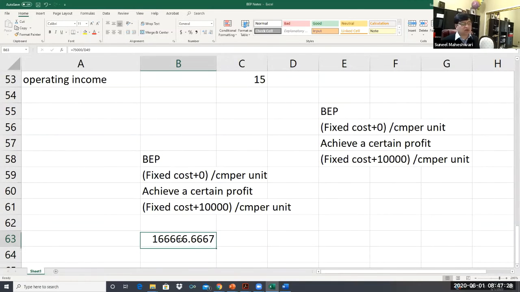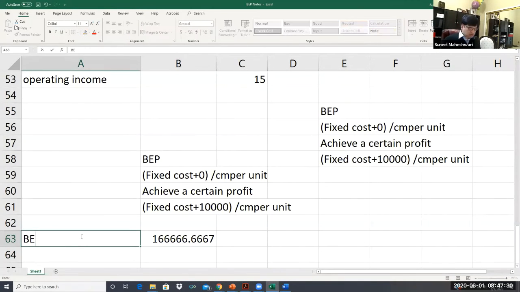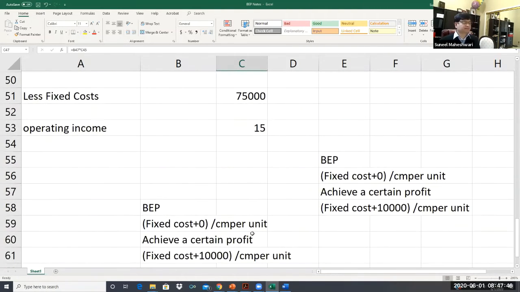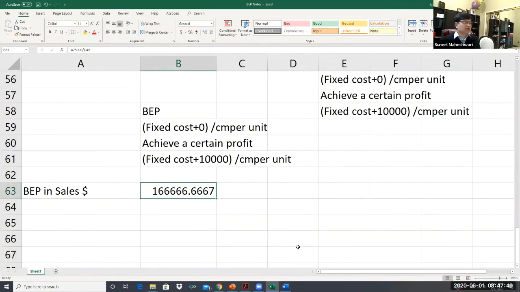That will give you the break-even point in dollar sales, which is basically the same number as before. Any questions on break-even point in dollar sales, please?